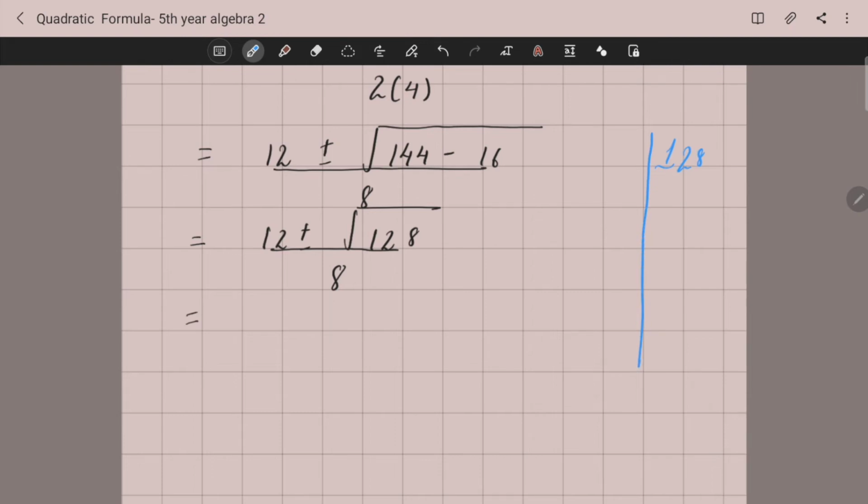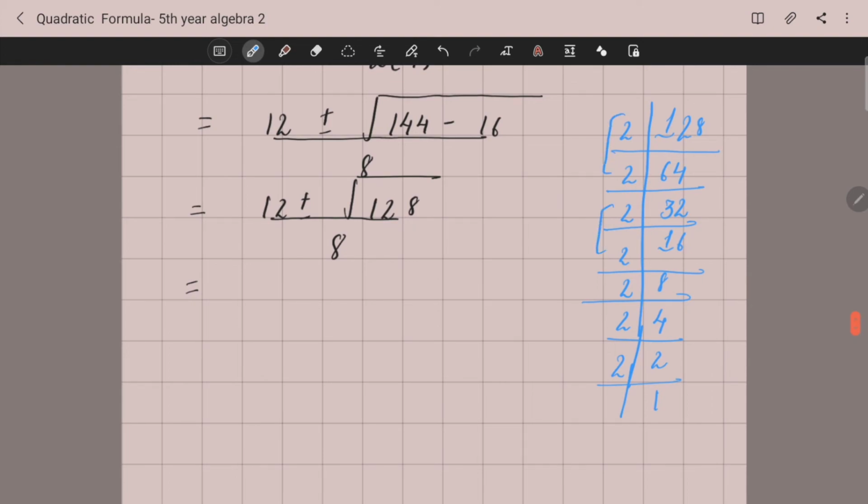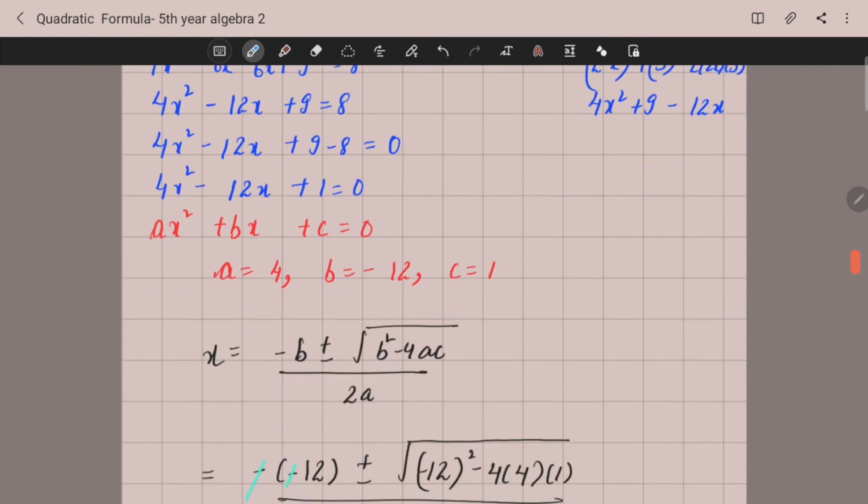Like we have 2 times 64, 2 times 32, 2 times 16, 2 times 8, 2 times 4, 2 times 2, and 2 times 1. Now we see how many pairs there are. 1, 2, 3, so 2 into 2 is 4, 4 into 2 is 8, and this is unpaired, so we are left with 8 under root 2.